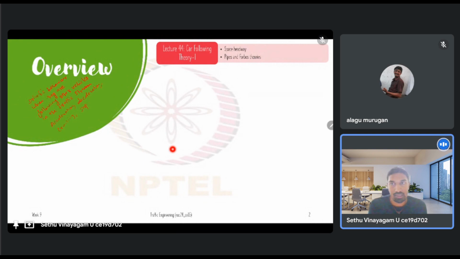All these decisions are dependent upon the driver behavior and also influenced by the traffic stream or the traffic conditions, right? So in car following models, what we are trying to do is replicate these driver behaviors, based on what we are observing in the field, right? So that's the objective or the goal of these car following models.